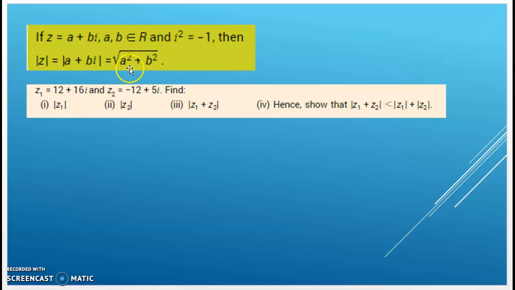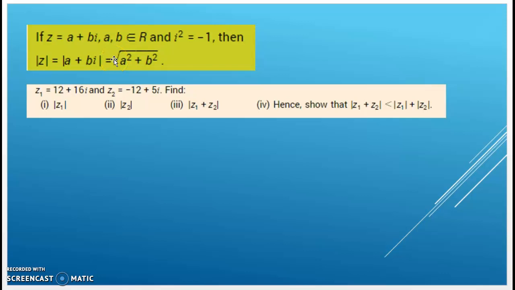What does that mean? It means you square the real number plus you square the imaginary number without the i, just the number. You add them together and then you get the square root of it.